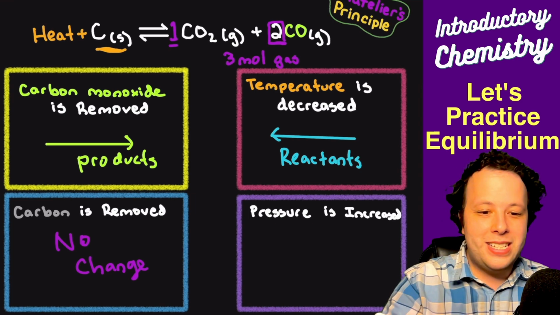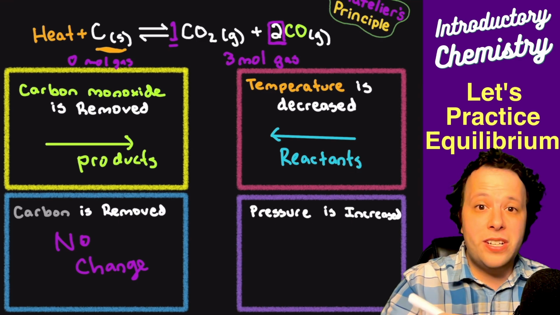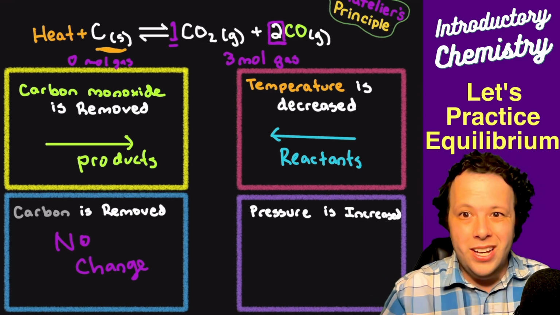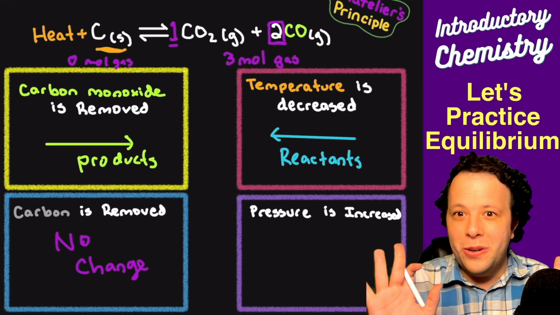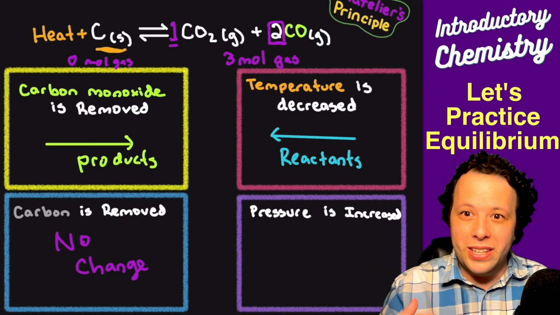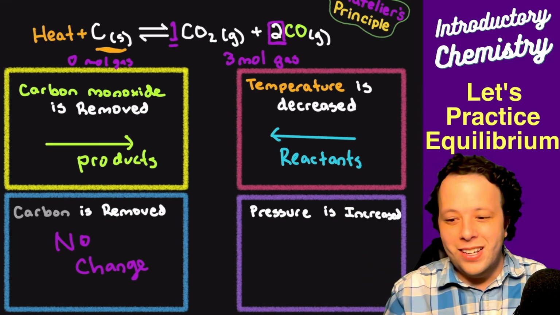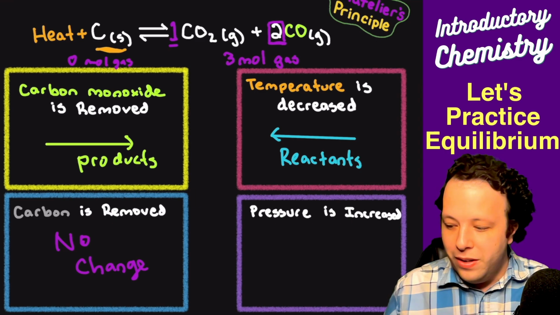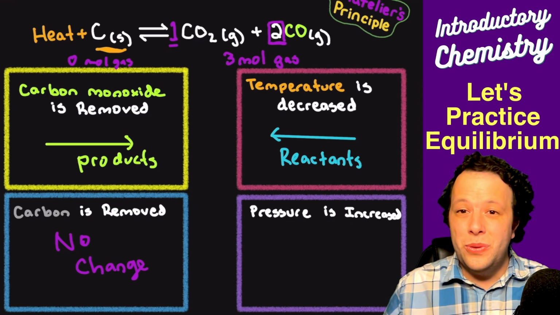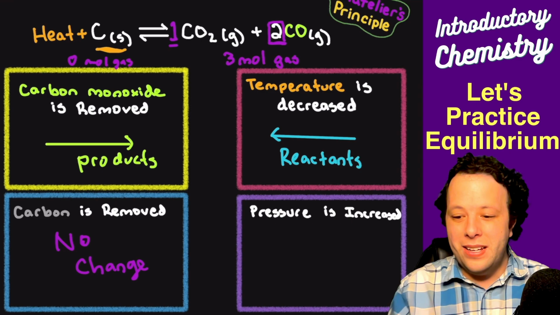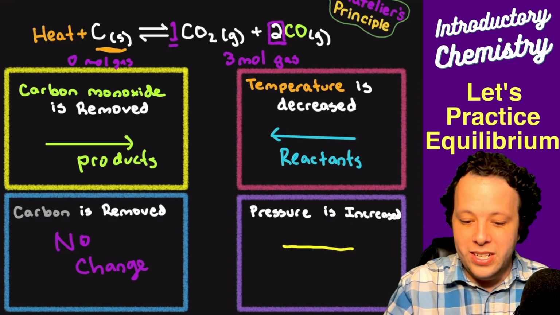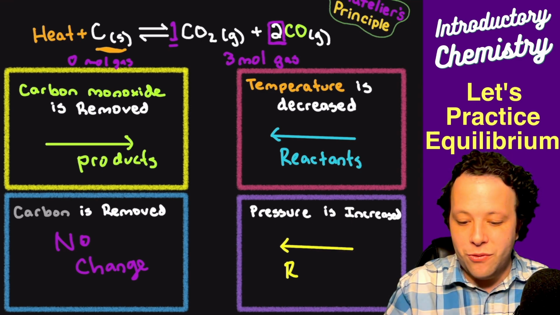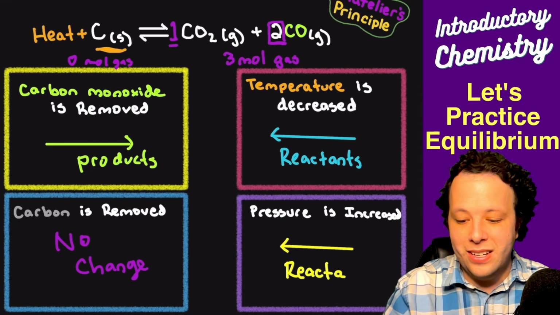On the left-hand side, there are 0 moles of gas. So which way could it go to relieve pressure? Where's it less crowded? If I shift this to the left, it's going to be a lot less crowded. So we're going to shift towards the reactants if we increase the pressure.